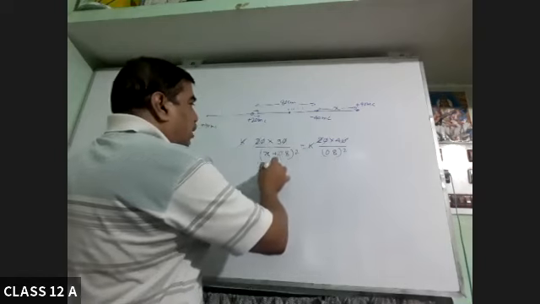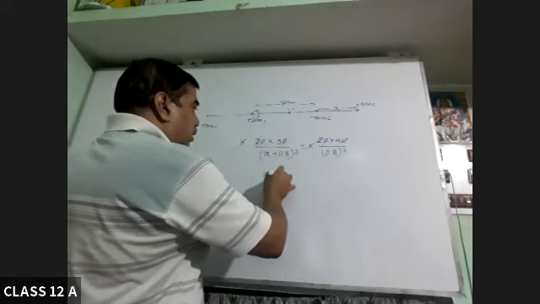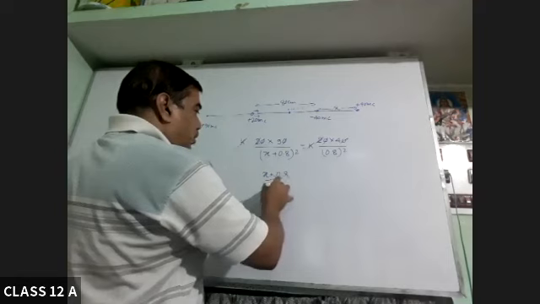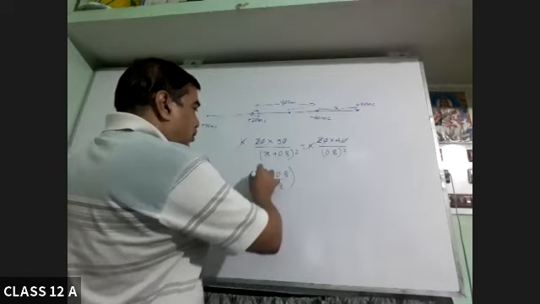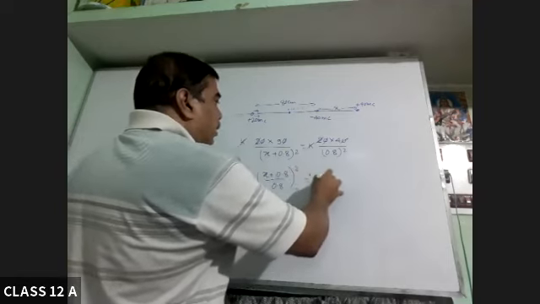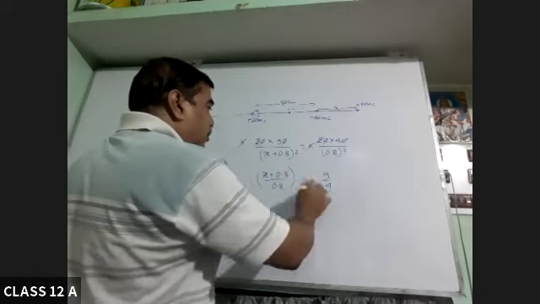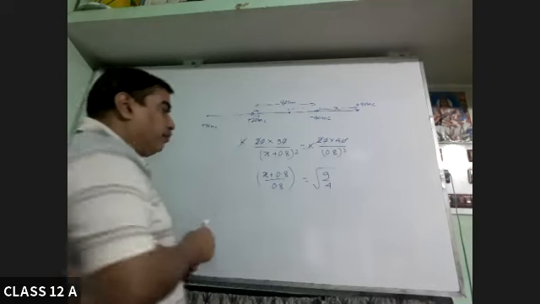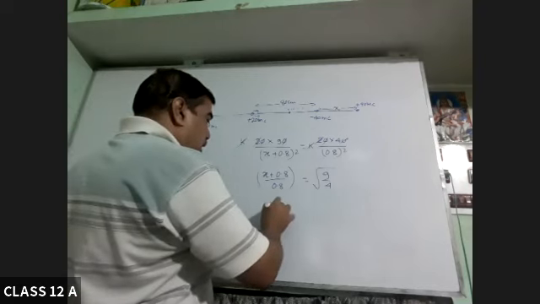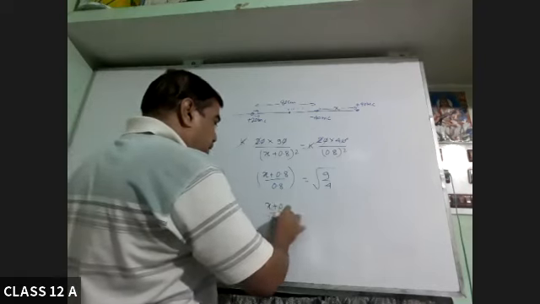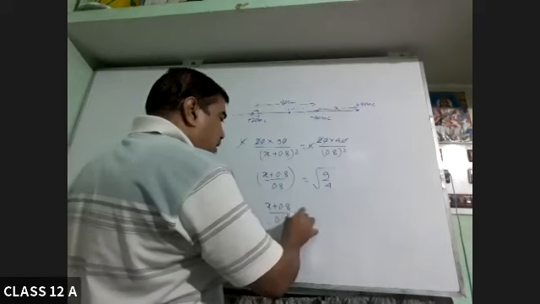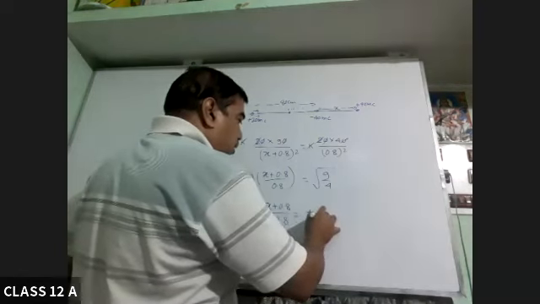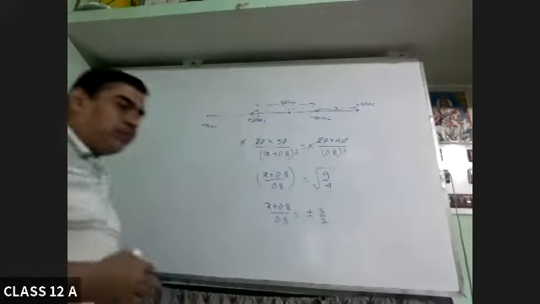So this one, x plus 0.8 over 0.8, whole square will be 9/4. If we remove this square, under root, so it is (x plus 0.8) by 0.8 is plus minus 3/2.